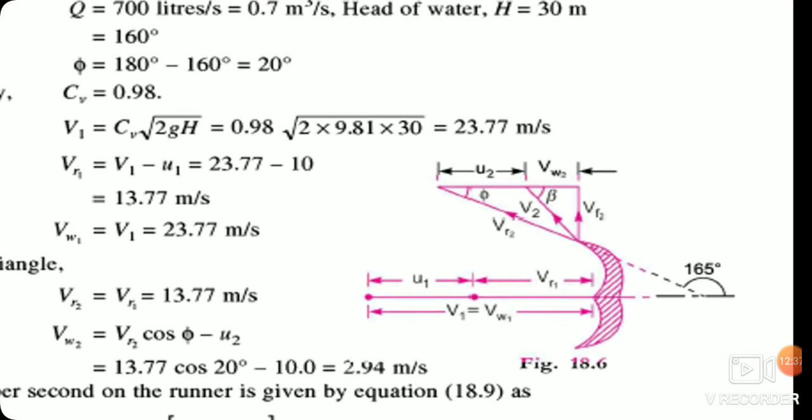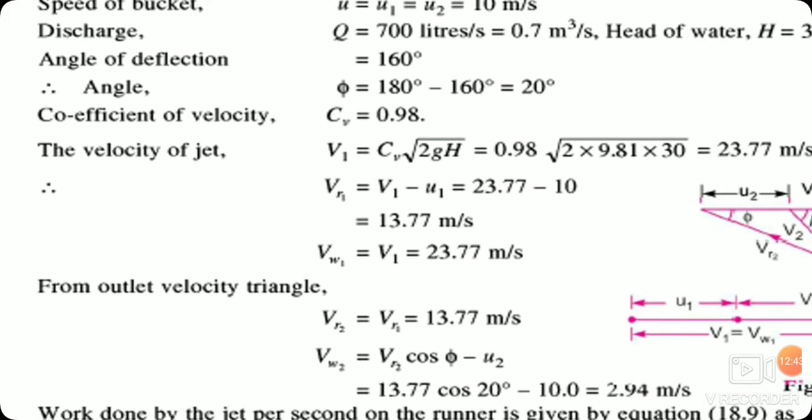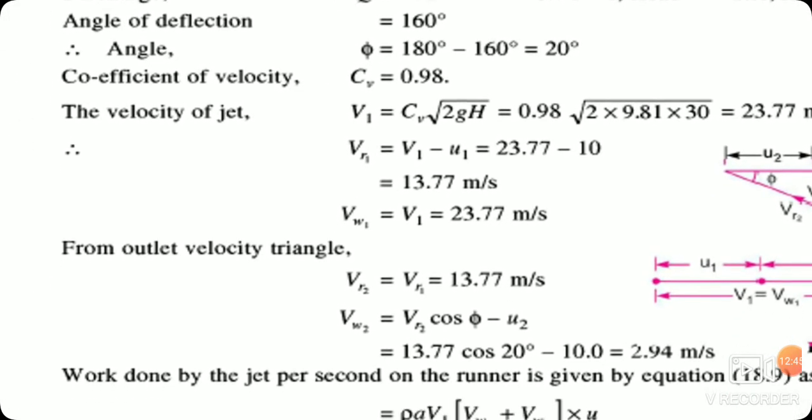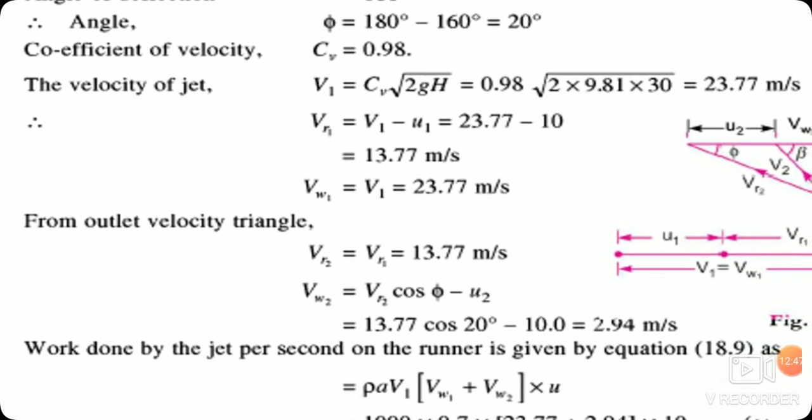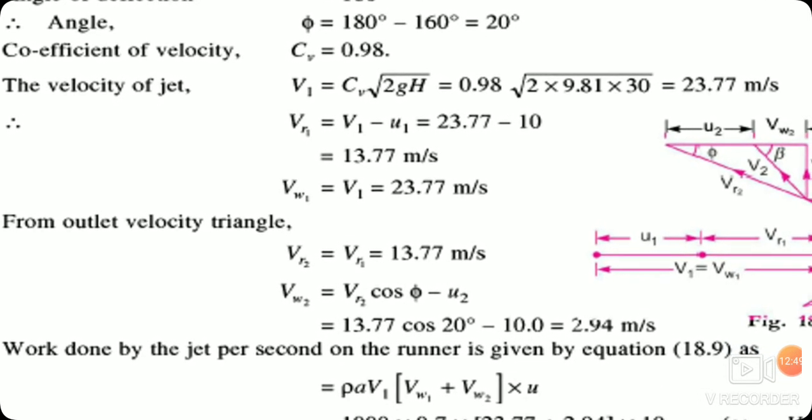Then from the outlet of the triangle, we have to use the trigonometric relation to calculate Vw2. For the outlet triangle, cos phi is equal to U2 plus Vw2 divided by Vr2. And Vr1 is equal to Vr2, because there is no friction, the jet is gliding smoothly on the vane.